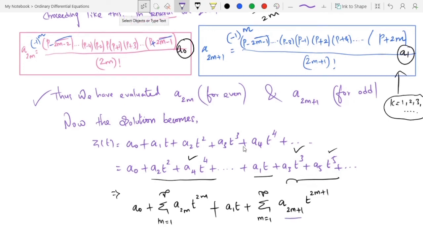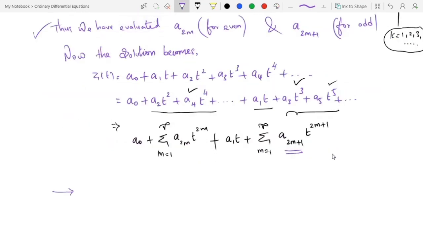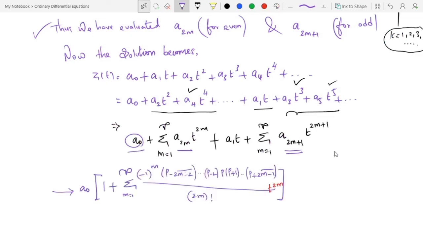Also replacing A suffix 2m plus 1, that is in terms of A1, the terms now involve A1. So the third and fourth terms have A1 in common. After replacing A2m, A0 is common, so take it out. A0 comes out, the remaining is 1 plus the whole term into t power 2m.